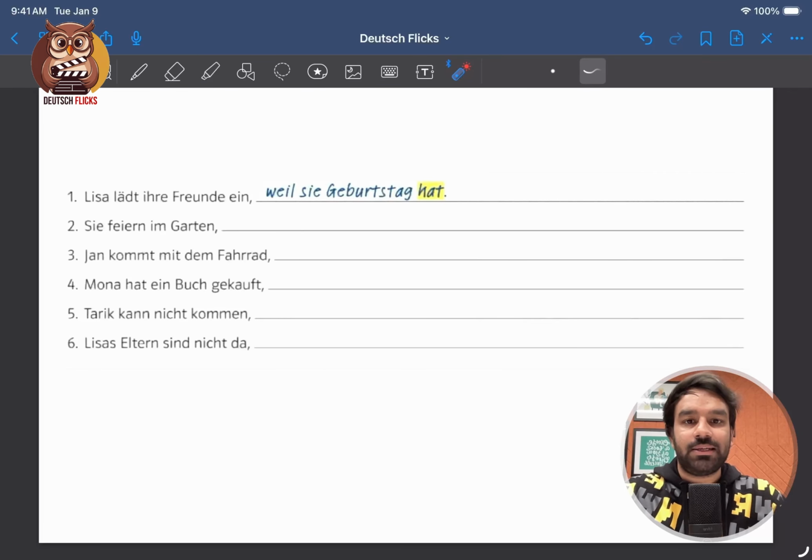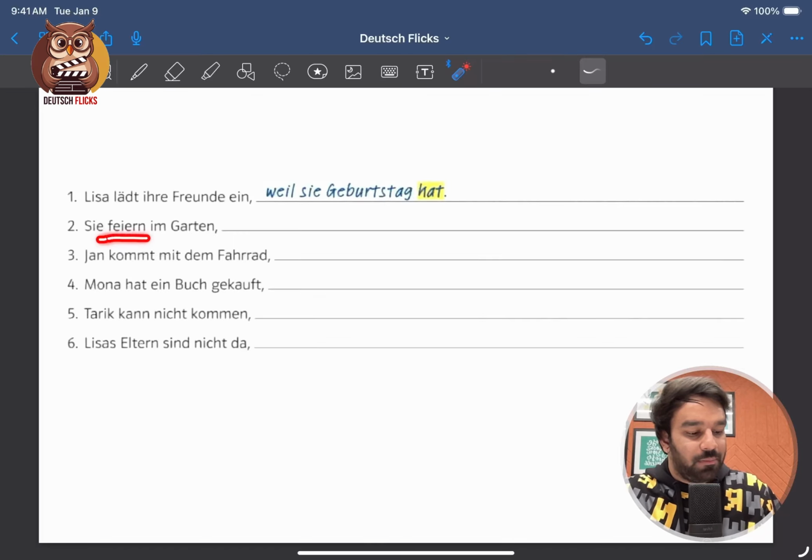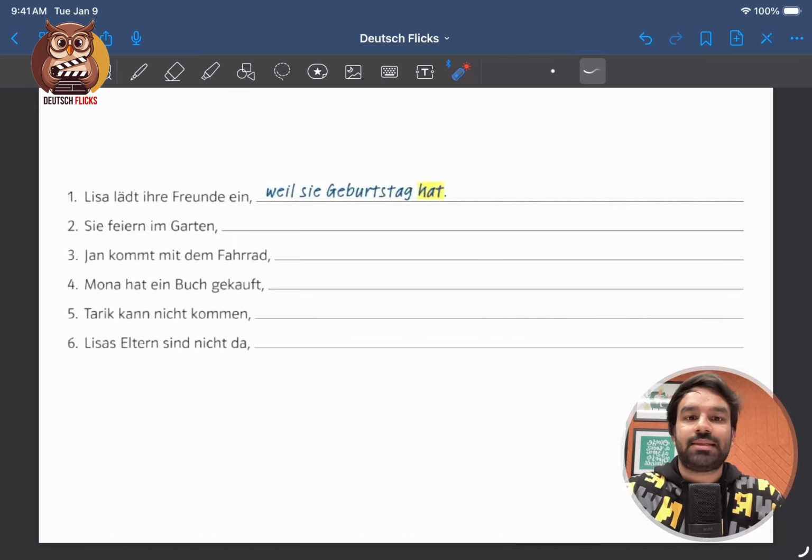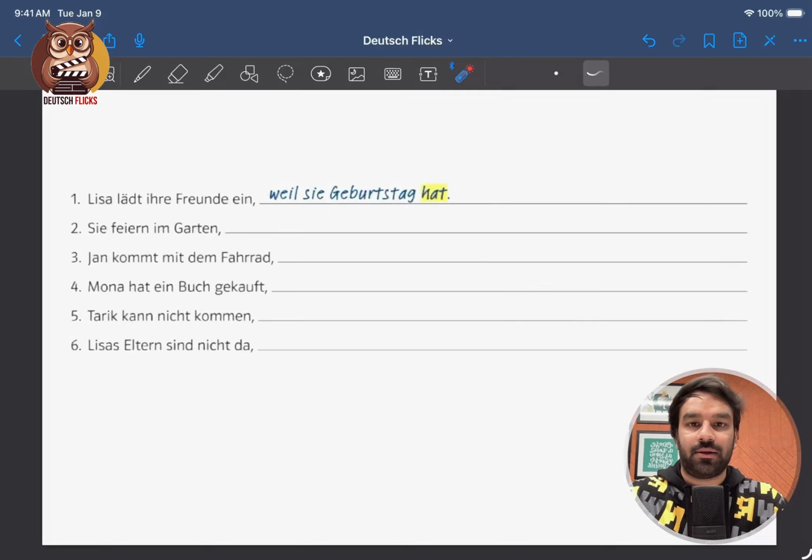So whatever reason comes to your mind, just write it. For example, Nummer 2, sie feiern im Garten. They celebrate in the garden. Warum? Why? So whatever reason comes to your mind, you can write it. In case you want to get it checked by me, you can write these sentences in the comment section and I will correct your sentences. I'll check for any grammatical error.